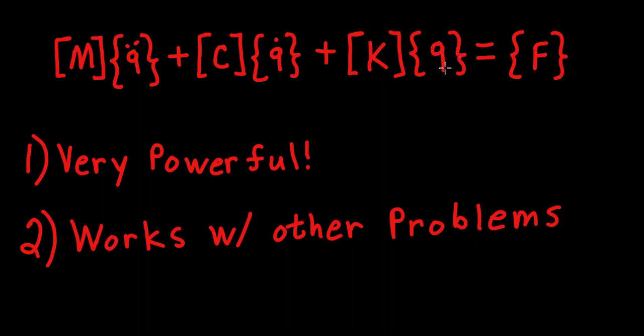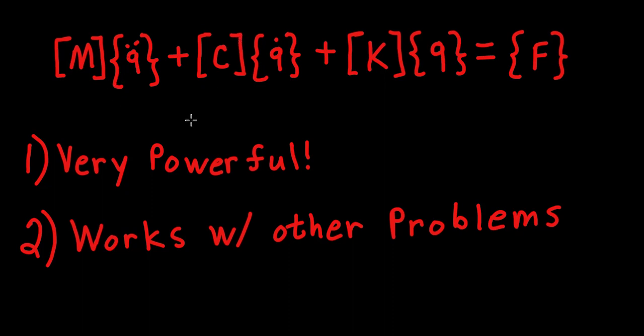But you had x, y, z terms, x dot, y dot, z dot terms, and x double dot, y double dot, and z double dot terms. Then you could actually extract a matrix. It wouldn't necessarily be a mass matrix, but you could extract a matrix that would multiply all the q double dot terms, your vector q double dot.